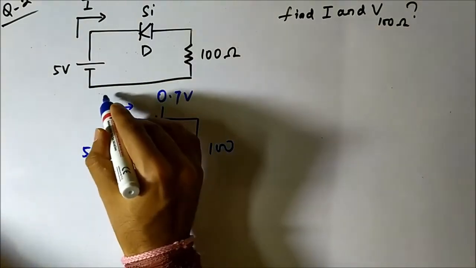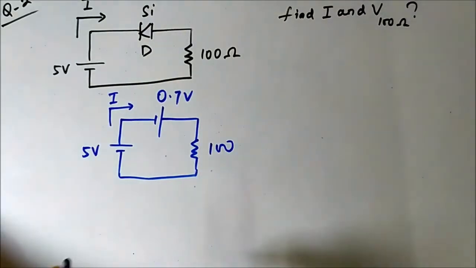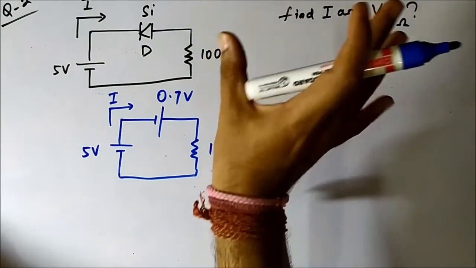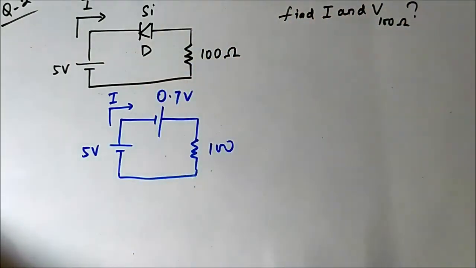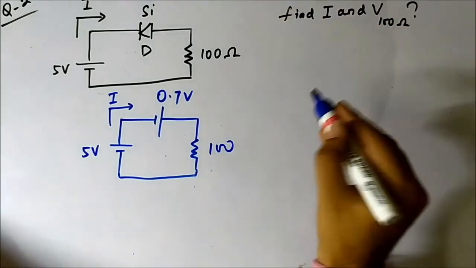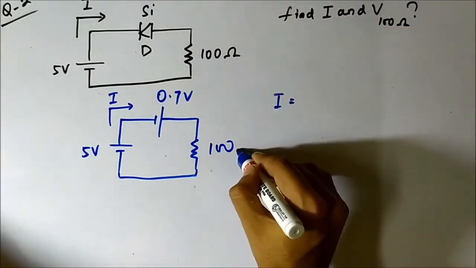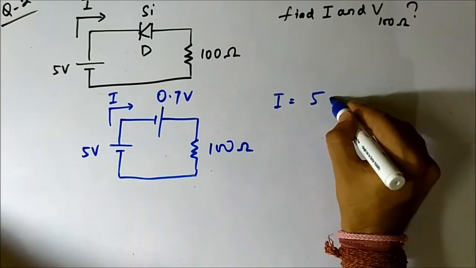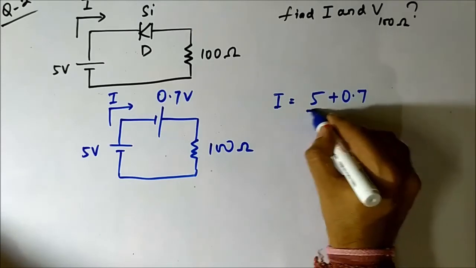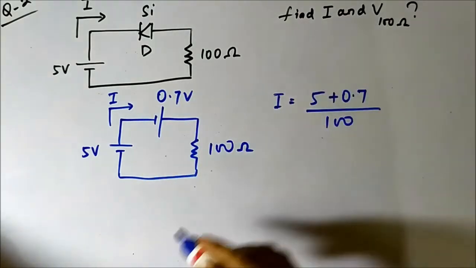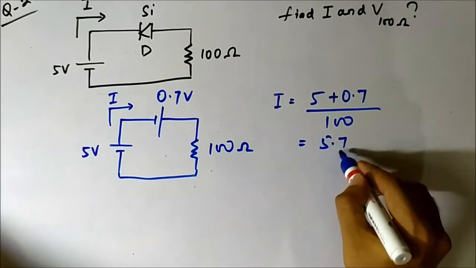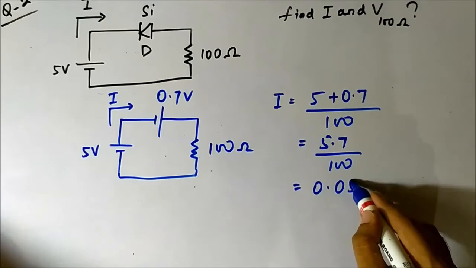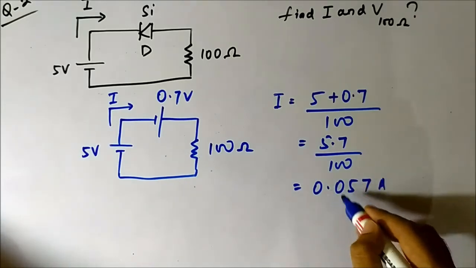Now let's say the current, it has been asked in this way, so we'll do that. Here there has been no mention about the forward resistance, so we'll only use the built-in potential, for silicon 0.7 volt. So I here is simply 5 plus 0.7 by 100, which is 5.7 by 100, equal to 0.057 ampere.